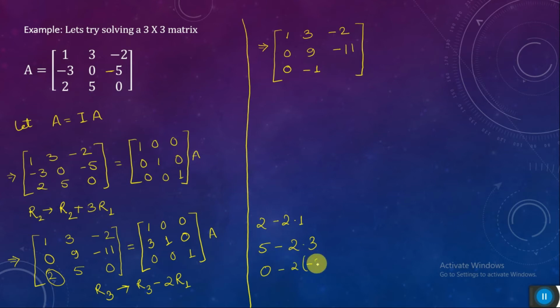Row 1 is minus 2, so this is 4. Now you see, the same operation will be applied on the right hand side. Row 3 is 0 minus 2 times row 1, which is 2, so this is minus 2.